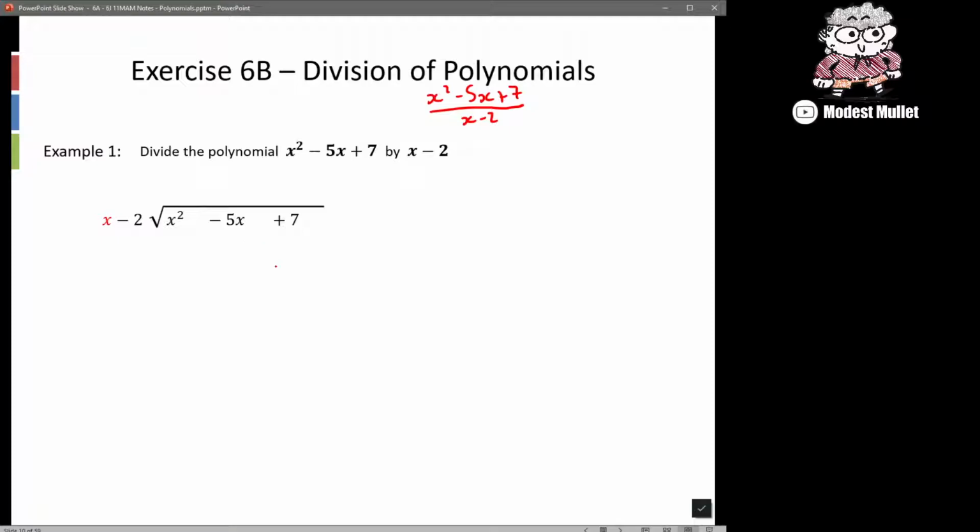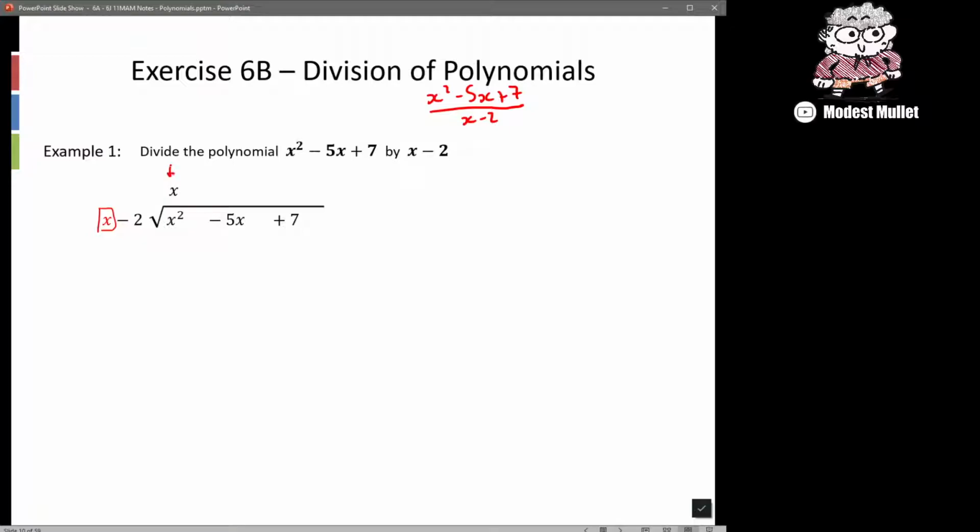Now the very first thing we do is take this term out the front and divide it by the first term inside the division. So in this case we do x squared divided by x, and that gives us an x, and that's what we put up the top.